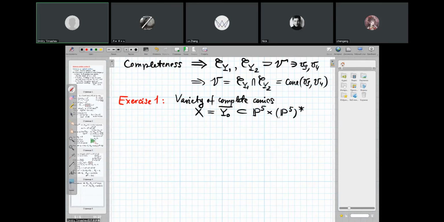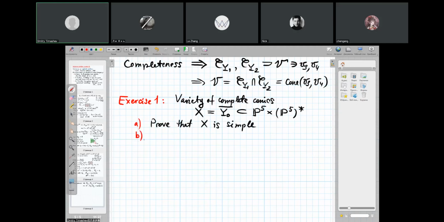An exercise is to prove, so the first part is to prove that X is a simple spherical variety with a unique closed orbit. This can be done geometrically.